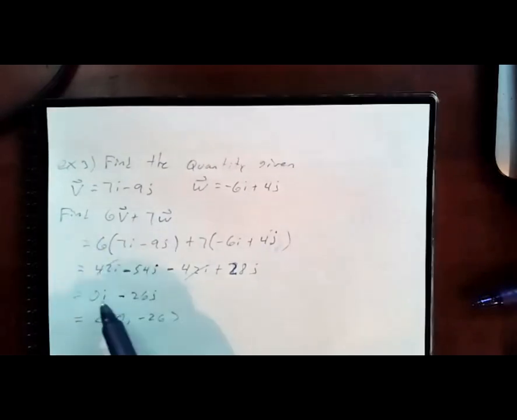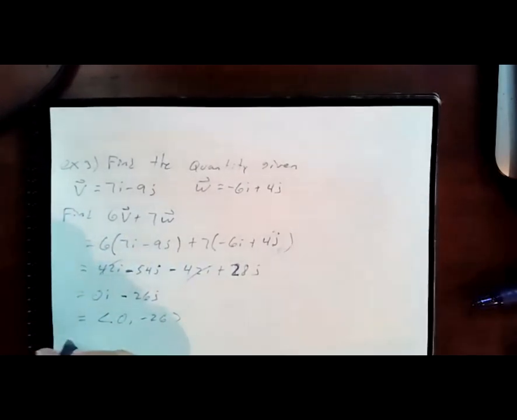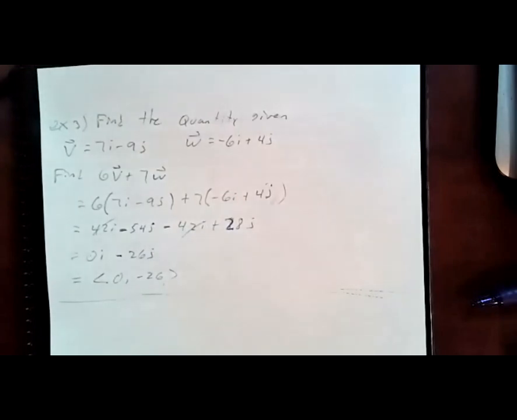You technically don't have to write the 0i, but I'm putting it there so you know there is no i component. If you write it this way, you do have to write the 0. Are there any questions on that problem? What was that last little part you said at the end?